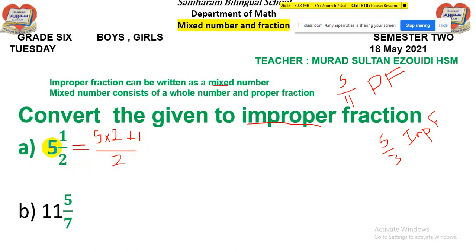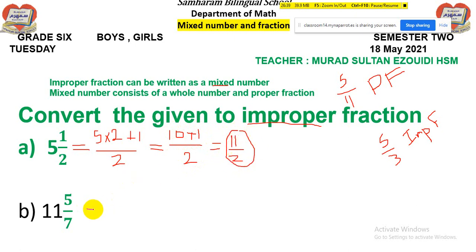But there, you should multiply 5 by 2, then add 1. So 5 by 2 is 10, plus 1, all divided by 2. 10 plus 1, my learners, is 11. 11 divided by 2. So this one is an improper fraction. Why? Because 11 is more than 2.